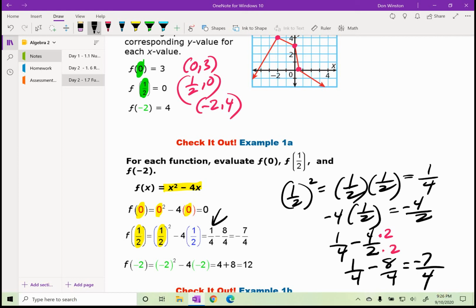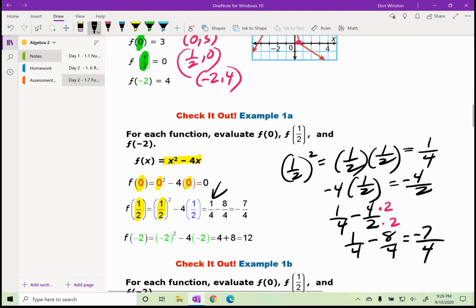Okay, but the rule is you take x, so 1/2 squared is 1/4. And then -4 times 1/2 was -4/2. But then we have to have the same denominator. And so we have 1/4 minus 8/4 is -7/4.